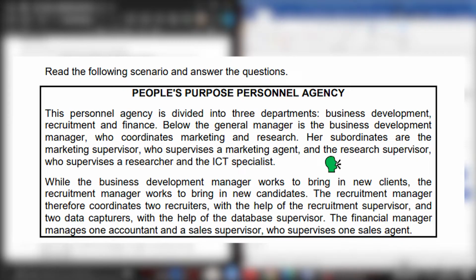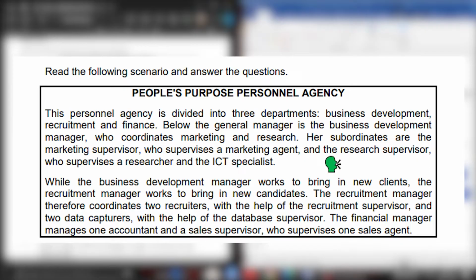Her subordinates are the marketing supervisor, who supervises a marketing agent, and the research supervisor, who supervises a researcher and the ICT specialist. While the business development manager works to bring in new clients, the recruitment manager works to bring in new candidates.